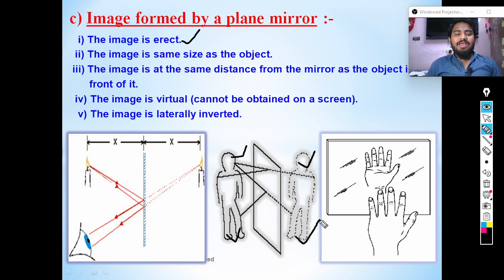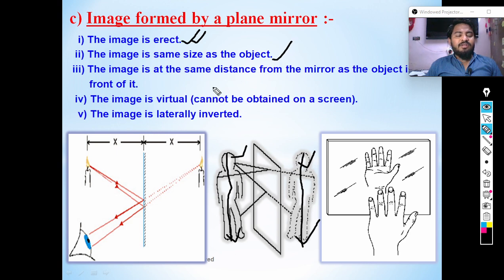This is called erect. Clear? This is the first characteristic of the image formed with the plane mirror. And the second one is the image is the same size as the object. Whatever the height of the object, the same is the height of the image, right? And this is also completed.